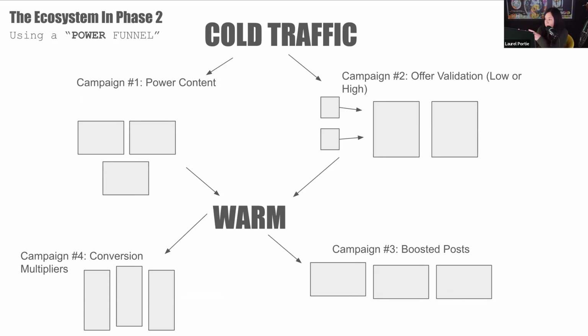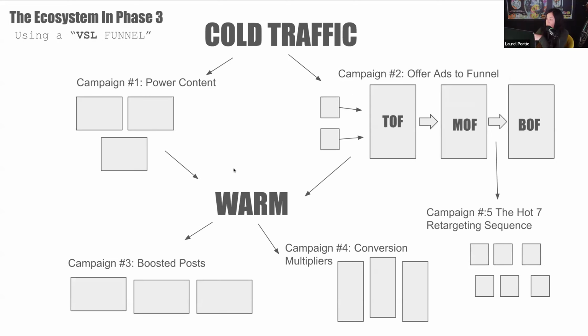We're going to move the conversion multipliers, the Reels videos, to only go to warm traffic, and we're going to generate physical leads top of funnel through a power funnel. That's literally just going to be an ad straight to whatever action, whether that's an application or whether that is a low ticket offer. And don't worry, inside the program, I have high ticket offer validation and low ticket offer validation. And I'll actually walk you guys through the platform so that you guys can actually see where to get the information for all of this stuff that we're talking about today. Okay. So that's phase 2.